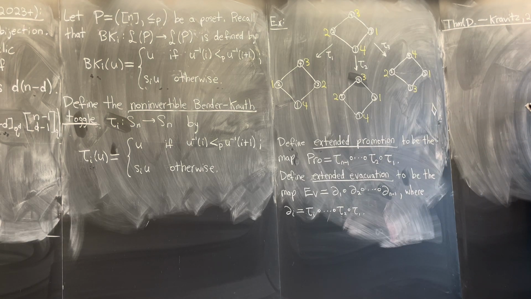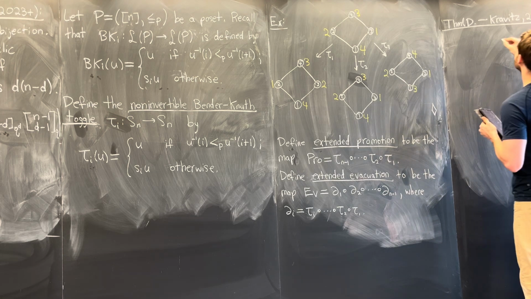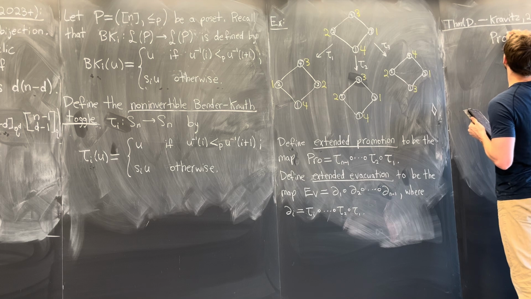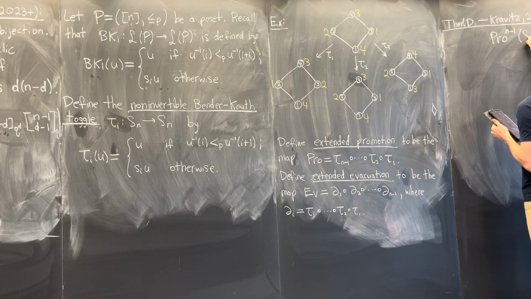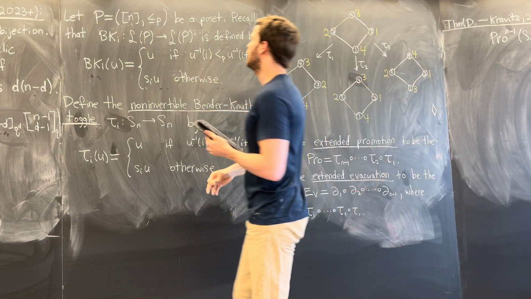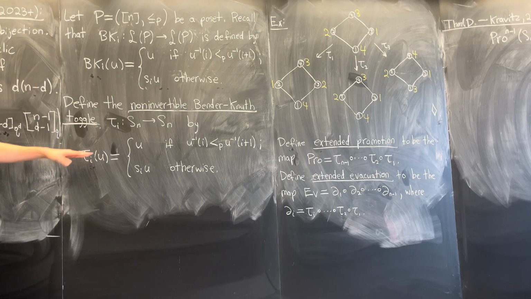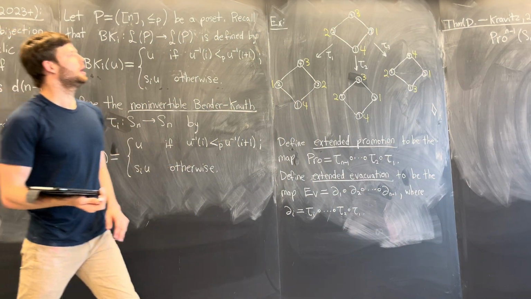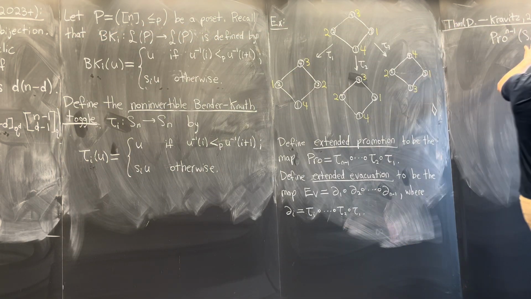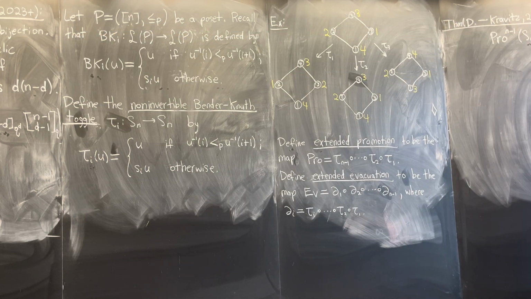Okay, so first of all, I'll write it as pro to the n minus 1 of Sn equals L of P. So I have my fixed poset P as before. I define the toggles with respect to P, so the definition depends on P. And what this is saying is that if you take any permutation and you apply promotion to it n minus 1 times, you get a linear extension.